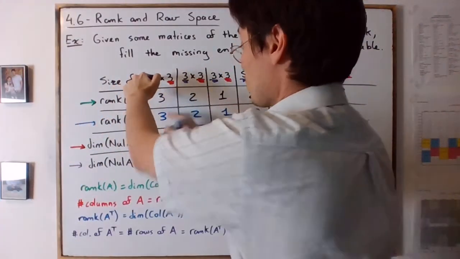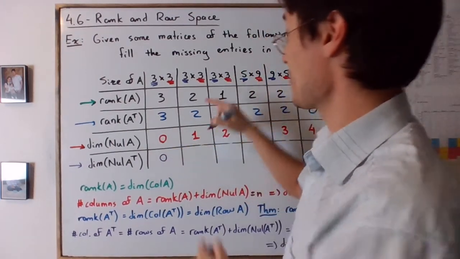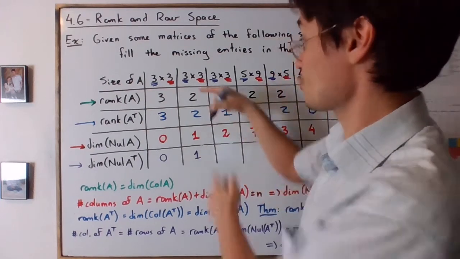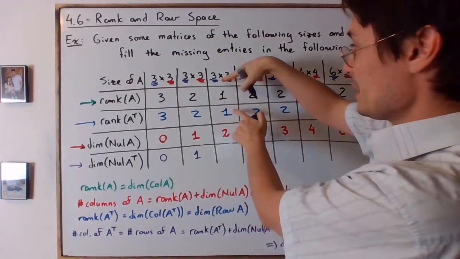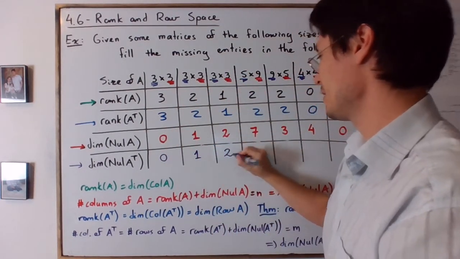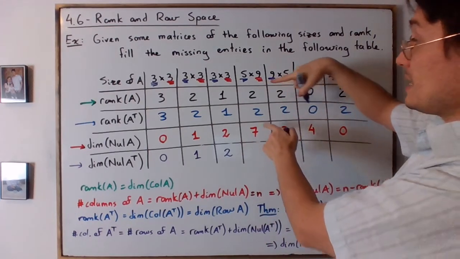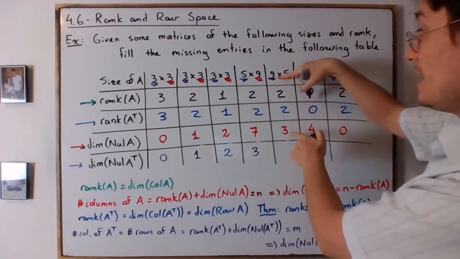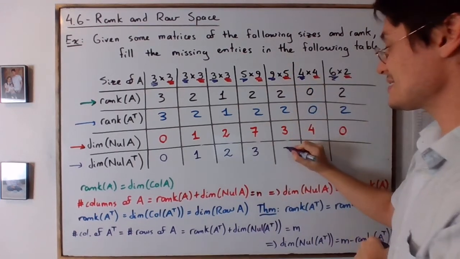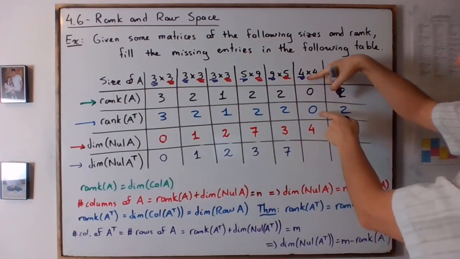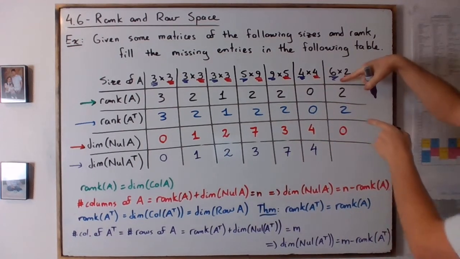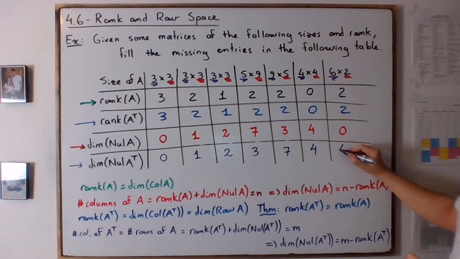So 3 minus 3, 0. Then 3 minus 1, 2. 3 minus 2, 1. 3 minus 1, 2. Then 5 minus 2, 3. 9 minus 2, 7. 4 minus 0, 4. And finally, 6 minus 2, 4.